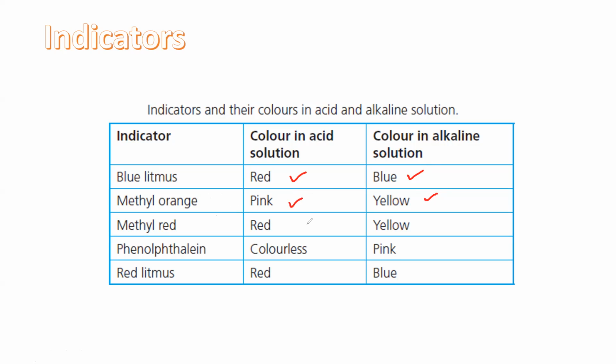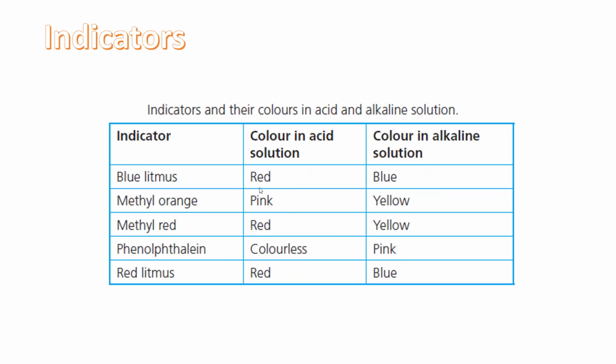Methyl red is red in acidic and yellow in alkaline. Phenolphthalein is colorless in acidic, and pink in alkaline. Red litmus is red in acidic, but blue in alkaline. These are the colors of indicators in different solutions.